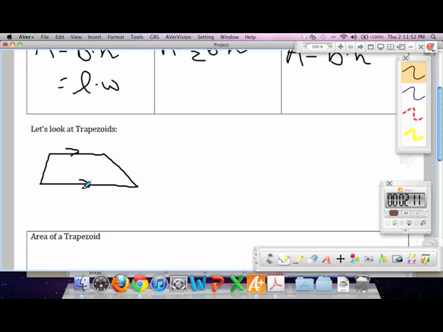This base times the height is the area of my new parallelogram. Is that the same as the area of my original trapezoid? This expression gives me the area of this whole figure, but I don't want that. This is actually twice as big as what I need. So therefore, the actual area of the trapezoid I'm looking at is half of that.